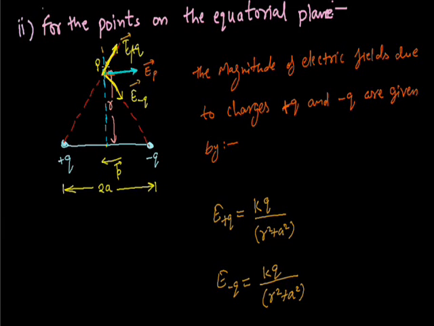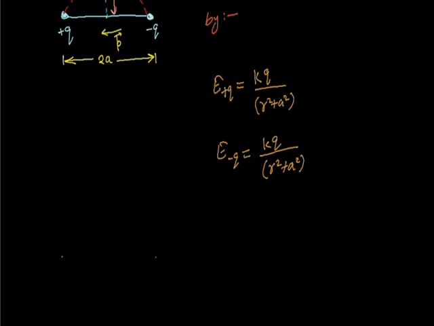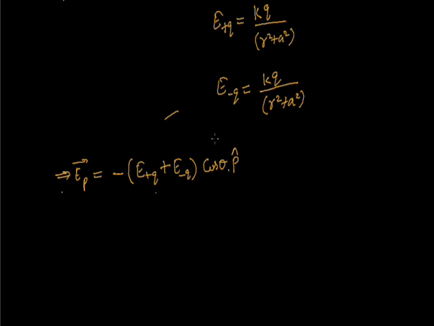So the total electric field at point P will be given as E plus q plus E minus q times cos theta, opposite to the direction of the dipole. So a minus sign will come, and the direction of the dipole, p cap, we will show like this.